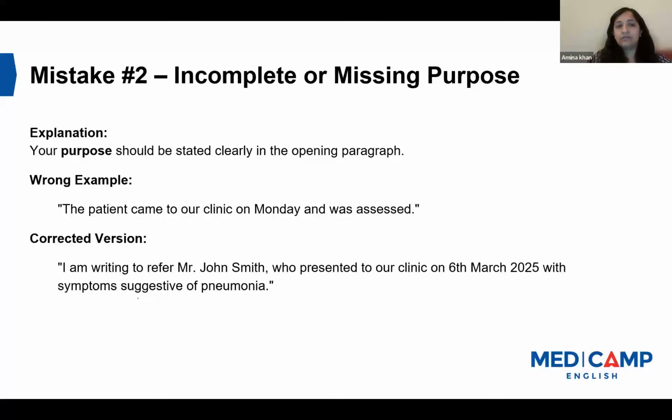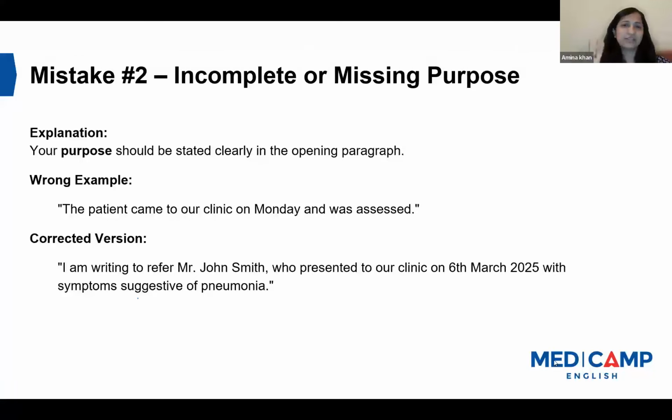A better way of writing is, "I'm writing to refer Mr. John Smith, normally the age is also there, who presented to our clinic on 6th March with symptoms suggestive of pneumonia." Now see, all the details are there, in a very comprehensive way. So this is how we write the purpose paragraph.